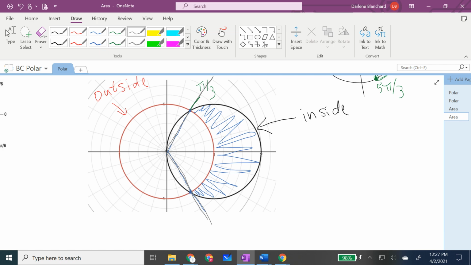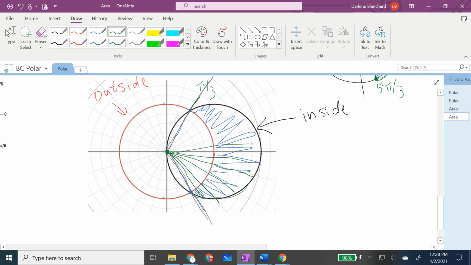When you go about setting up an integral for area, I highly recommend that you draw spokes coming out of the origin or the pole. So if I integrate the black circle, then I am going from the pole, and I'm going to just draw lines heading out.